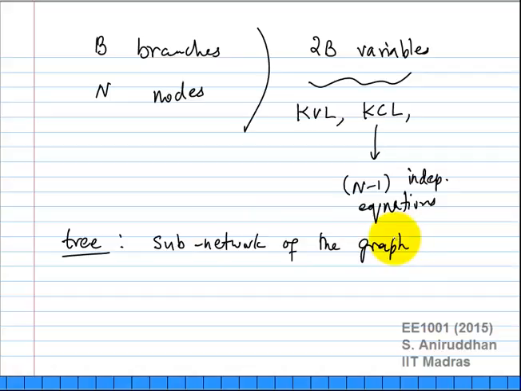One of them is that it needs to contain all nodes of the original graph.